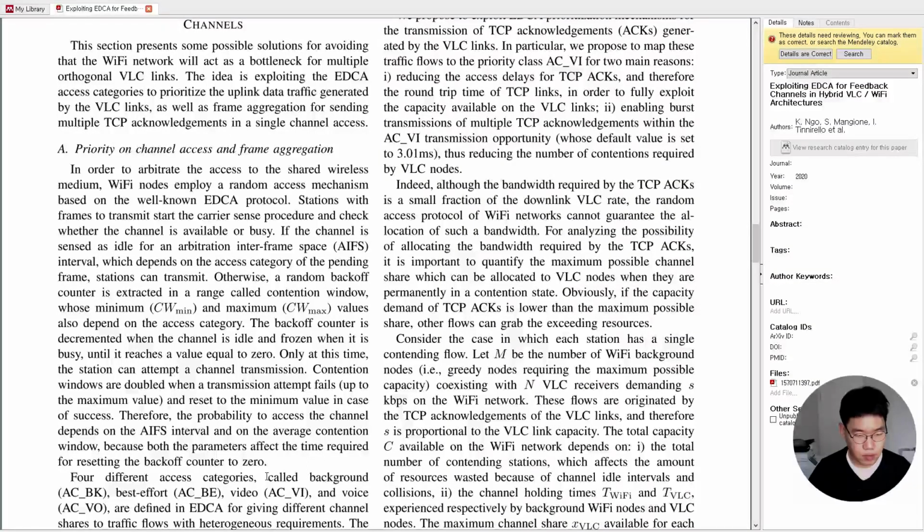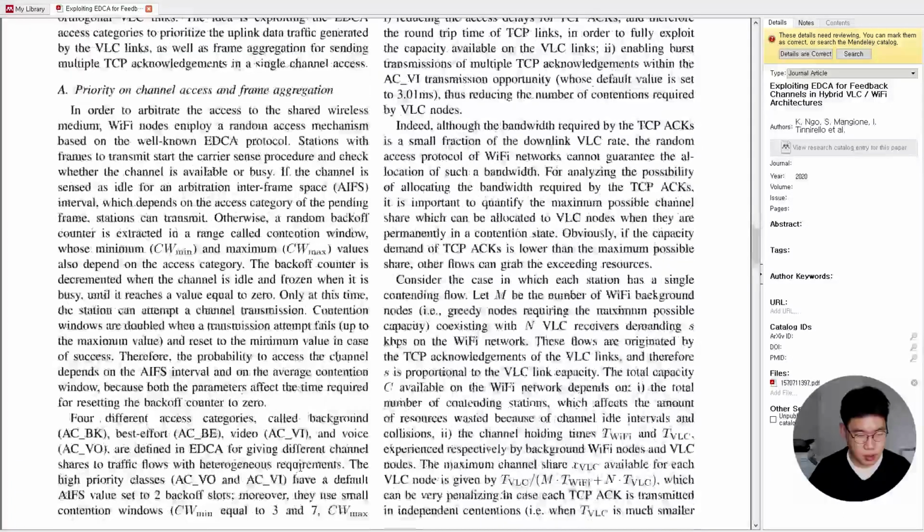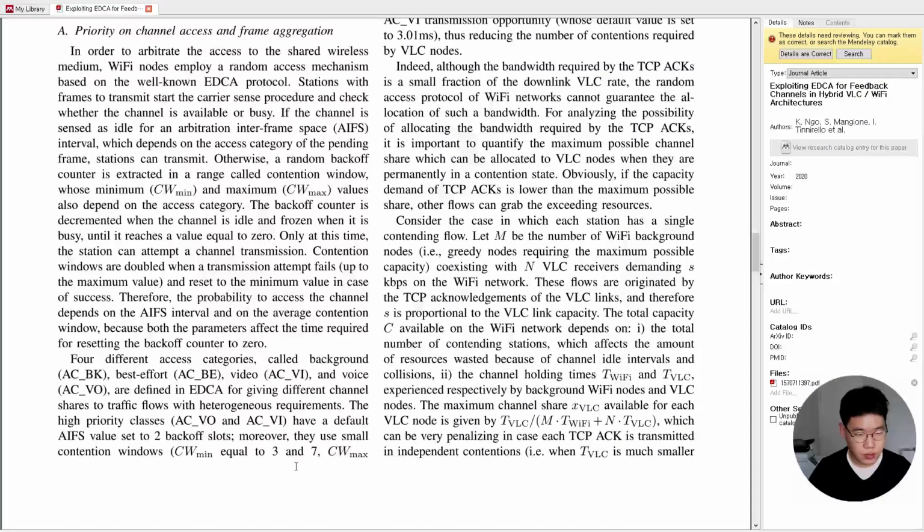Four different access categories, called background, best effort, video, and voice, are defined in EDCA for giving different channel shares to traffic flows with heterogeneous requirements. The high priority classes, video and voice, have AIFS values set to 2 backoff slots.